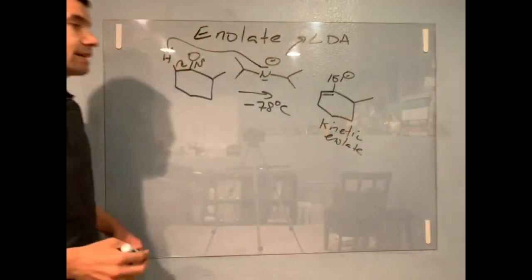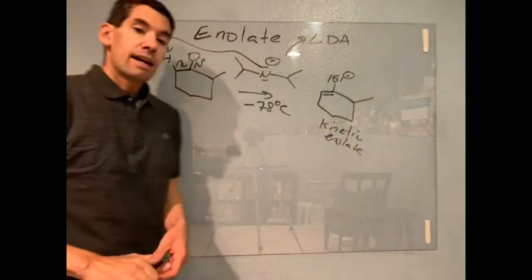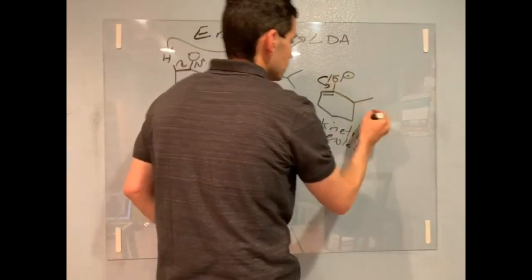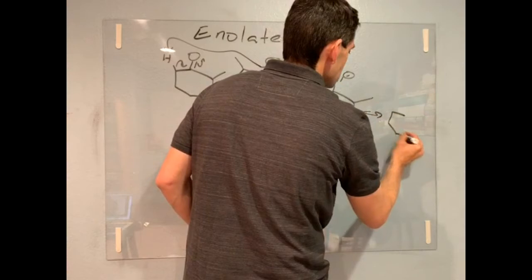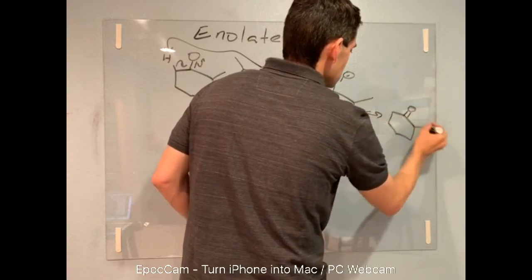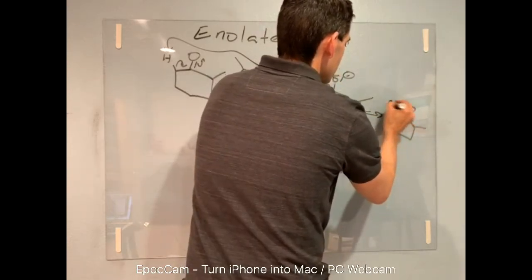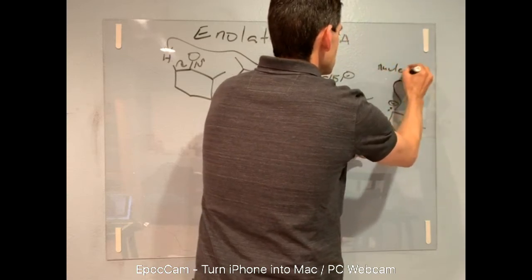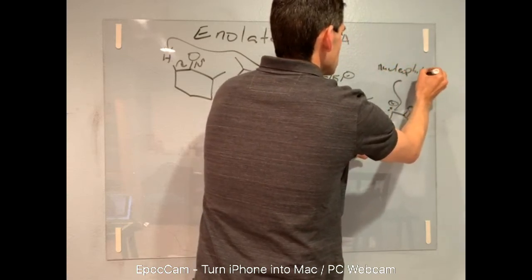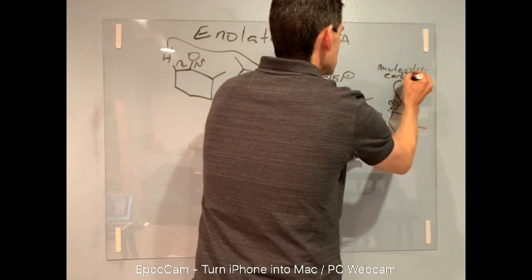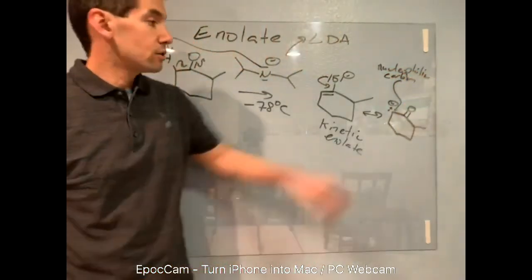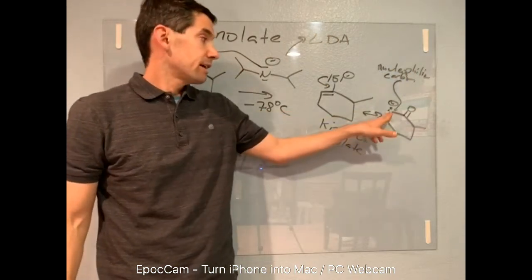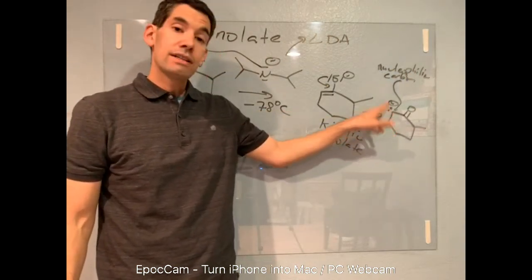Now, this is our kinetic enolate, which means that when it's time to work as our nucleophile, electrons are going to come down. This means that this carbon here is going to be our nucleophilic carbon. Then we introduce our alkyl halide, and our nucleophile is going to attack the alkyl halide.